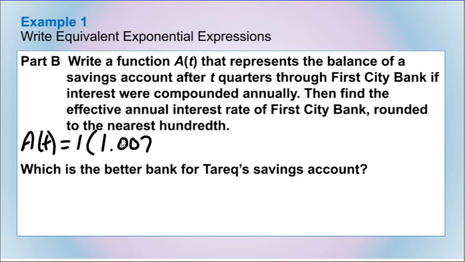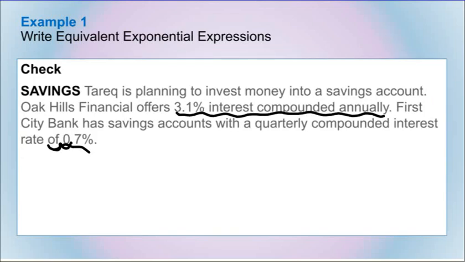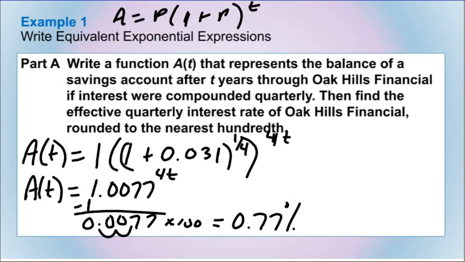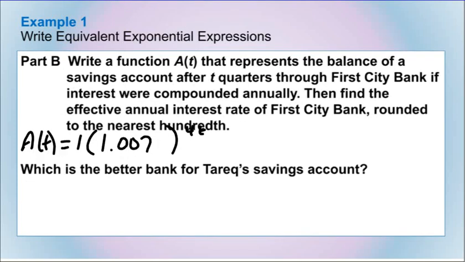And then I have to raise that to, so that was quarterly, that was 1/4. Actually, the wrong way. I have to raise that to the 4th power. And this one was given as 1/4 of the year, so 4 times a year.